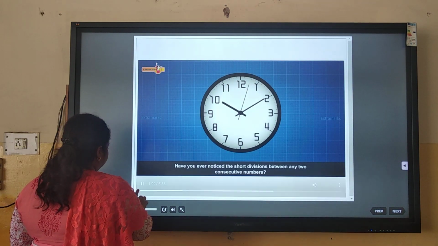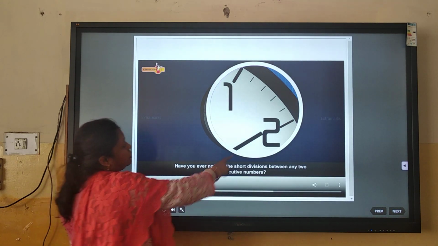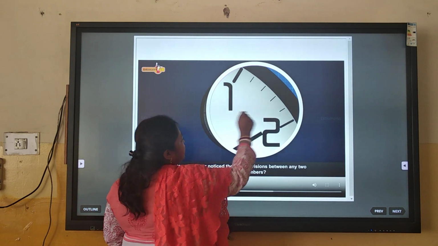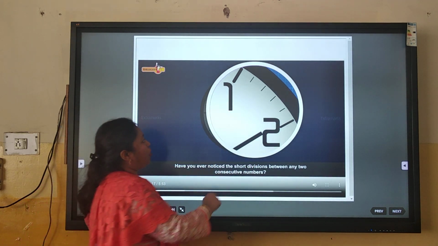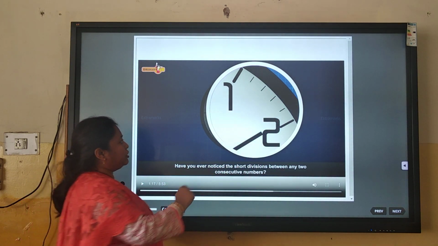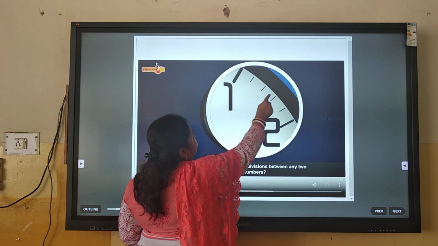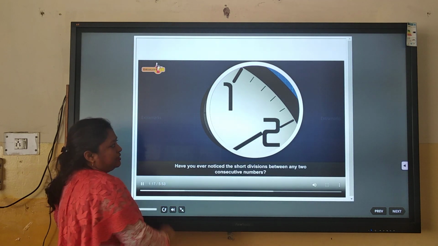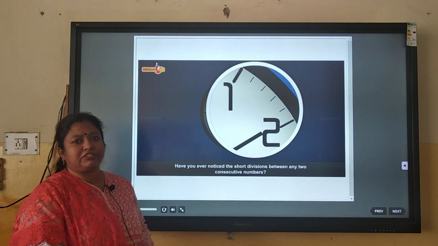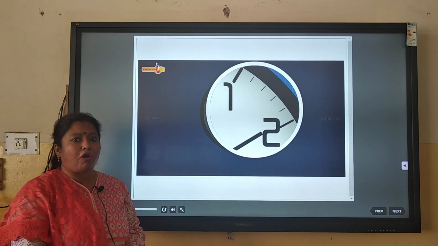First of all, we will observe these small divisions that appear on the face of the clock. You must have observed that in the space between two numbers on a clock, there are short lines drawn. If you count, the space is actually divided into 5 short divisions. As you can see, 1, 2, 3, 4, 5. 5 short divisions are there between every two numbers in the whole clock.